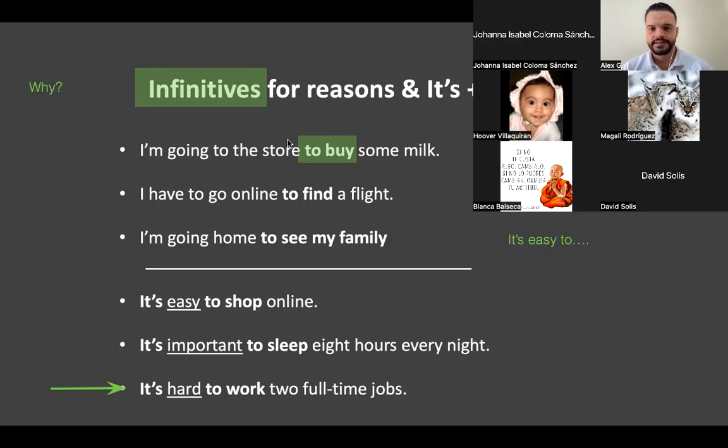David, can you complete this expression? It's easy to, and then plus a verb, okay? It's easy to drive the car. Excellent. It's easy to drive a car. Can you give me another example? Hoover, can you think of another example? With easy, or you can change the adjective.